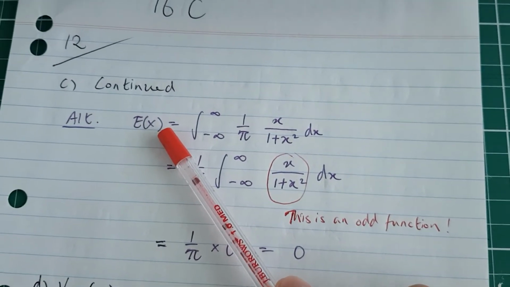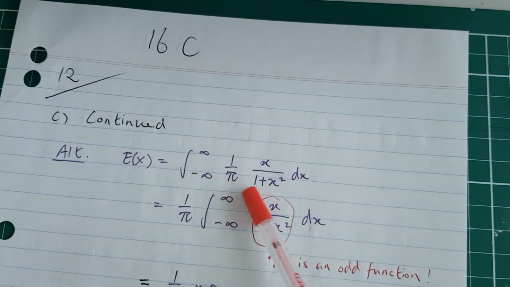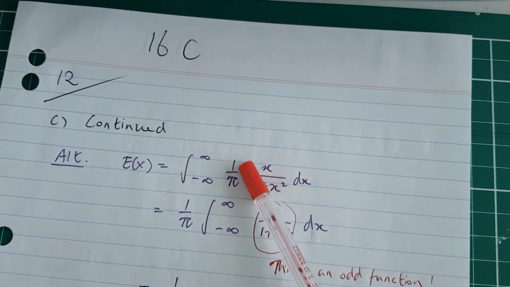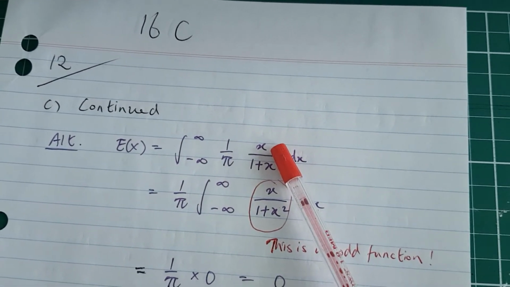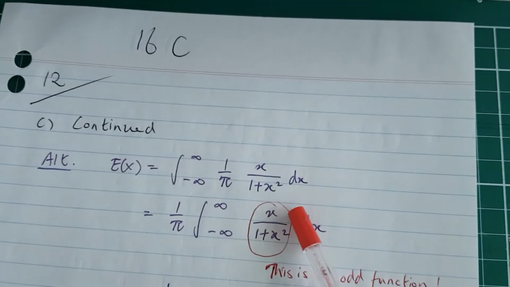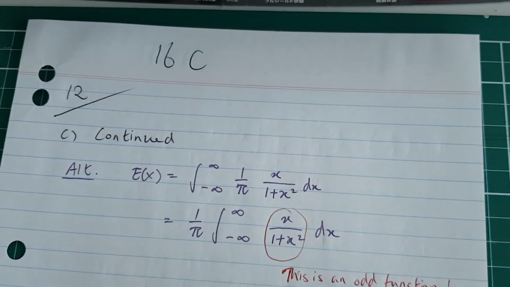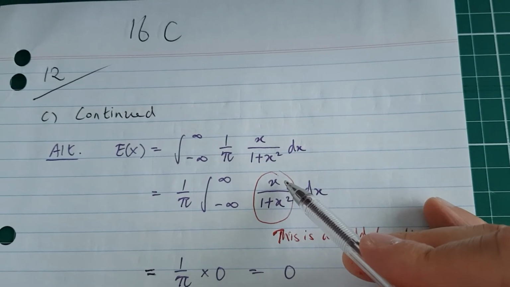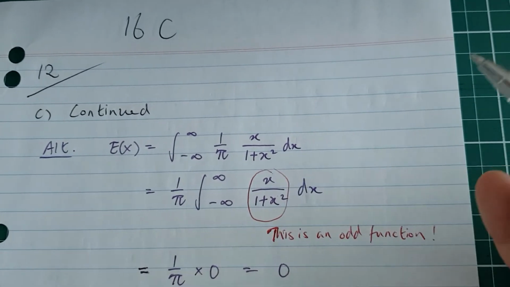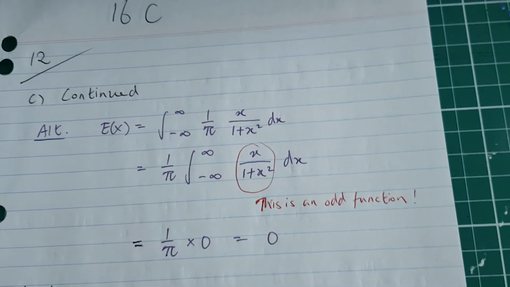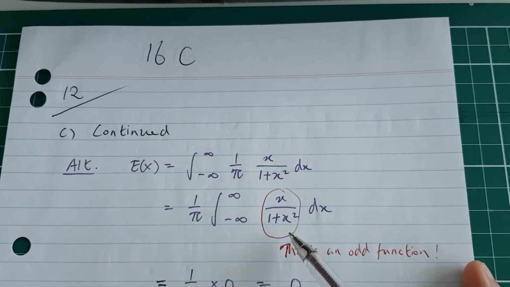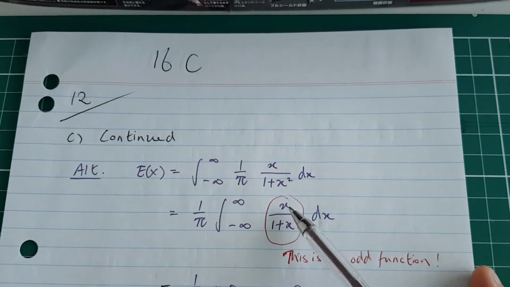Again, that's the expected value, x times the primitive, sorry, not the primitive, the little frequency function, which is this one. Multiply that by x to get this. But you know that this is an odd function. How do I know that is an odd function? Well, the numerator here, y equals x, is an odd function. And y equals 1 plus x squared is an even function because that is symmetrical.